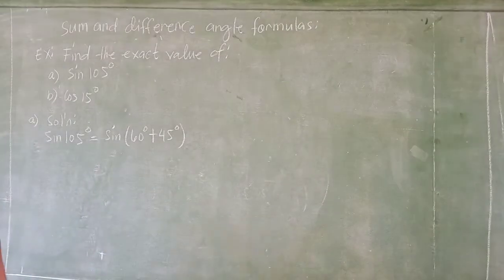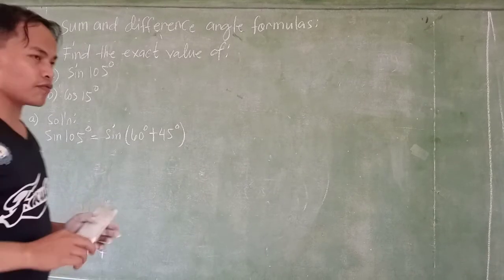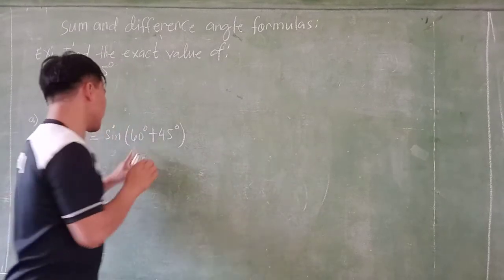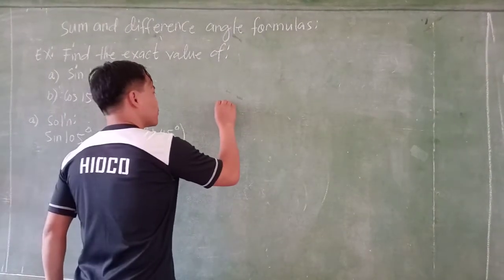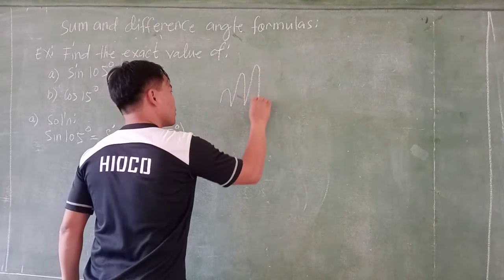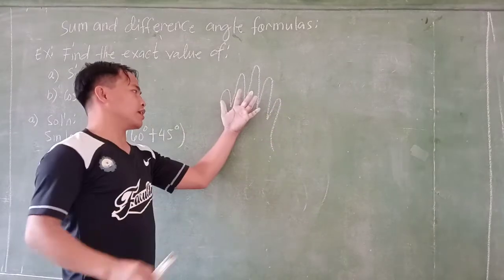Okay? So at this time, gamiton na to atong fingers, no? Gamiton to atong fingers. So break ko kamot para mabalaan niyo kung saan pagkuha sa iyang exact value using fingers.